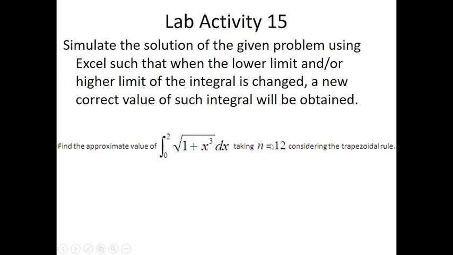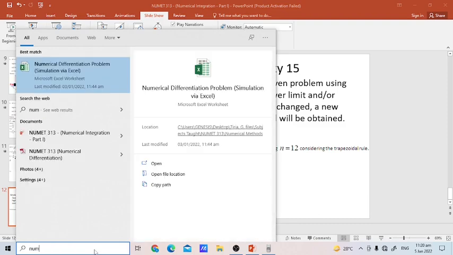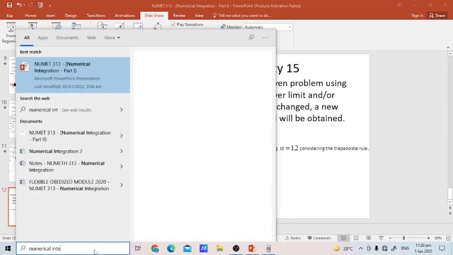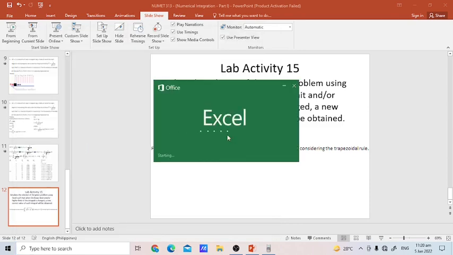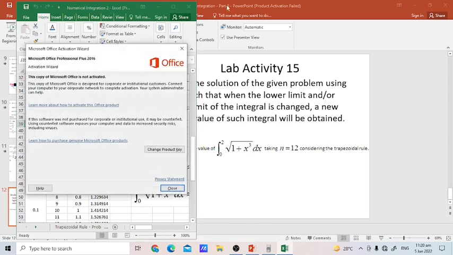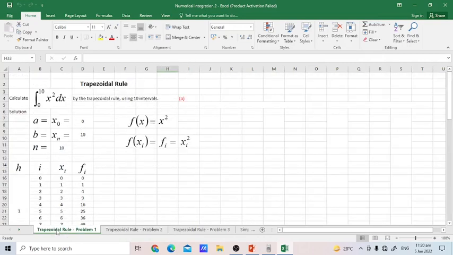So you will use n equals 12. So trapezoidal rule. This is what you will do.